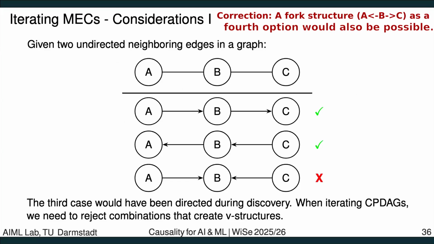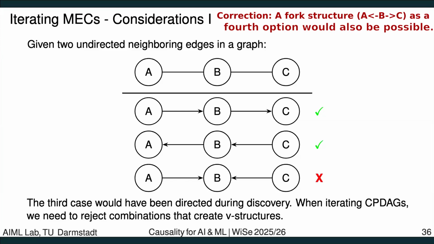So this structure can never be resolved into a V-structure under all the conditions we discussed. So even though we might sample all of these graphs, we need to reject this one and can only have these chains in there.